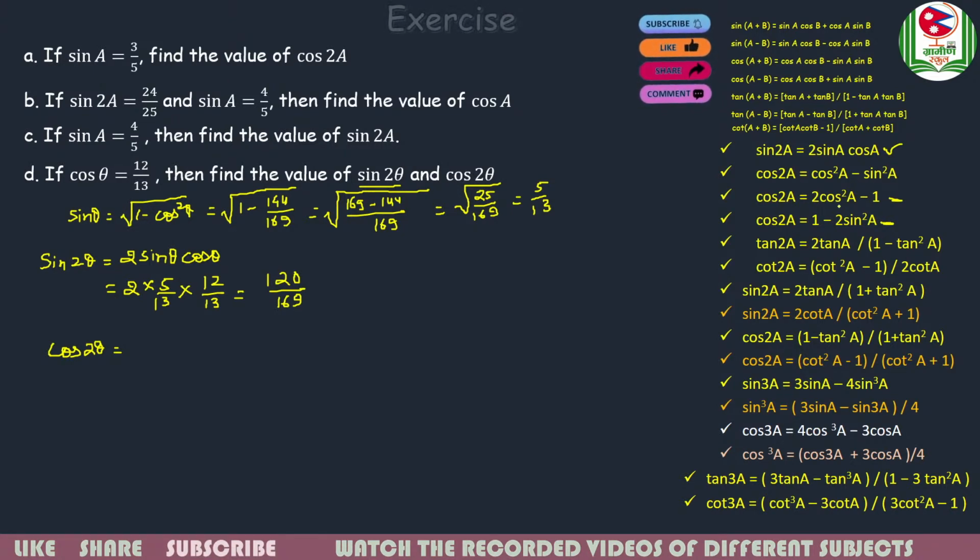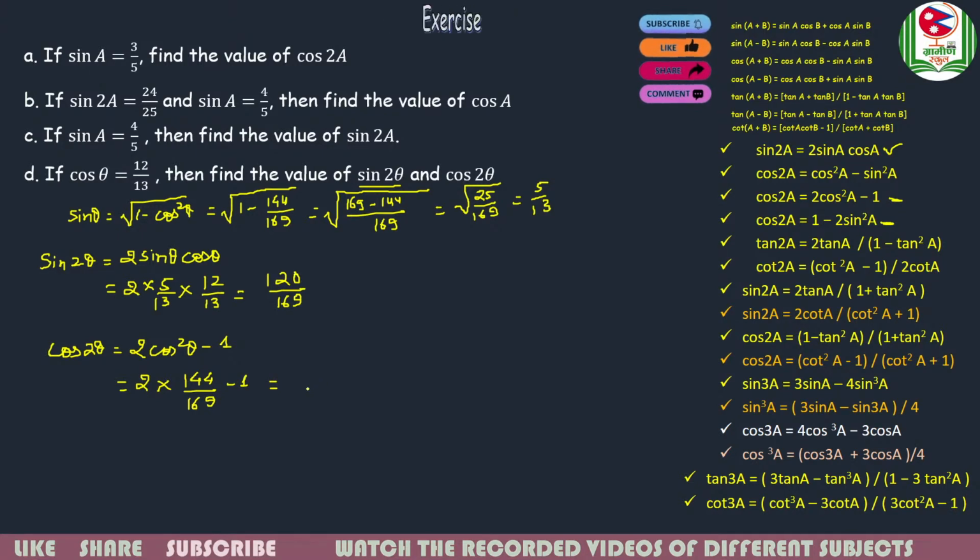So using this formula, cos 2 theta equals 2 cos square theta minus 1, we can get the value of cos 2 theta. That is 2 into cos square theta, here 12 by 13 squared, so it is 144 by 169, minus 1.